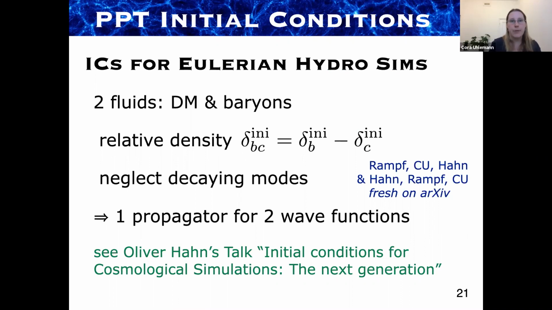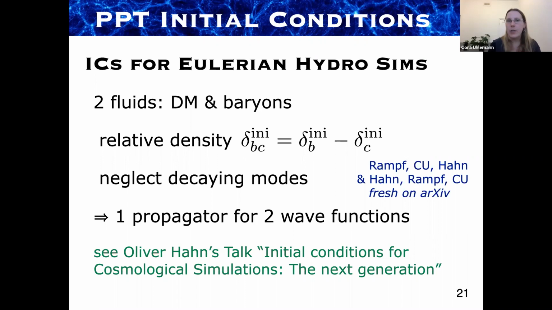For this purpose, we have generalized the formalism to two fluids, describing both dark matter and baryons. And we included the dominant effect of a relative initial density between the two fluid species, but we neglect decaying modes such as relative velocities.